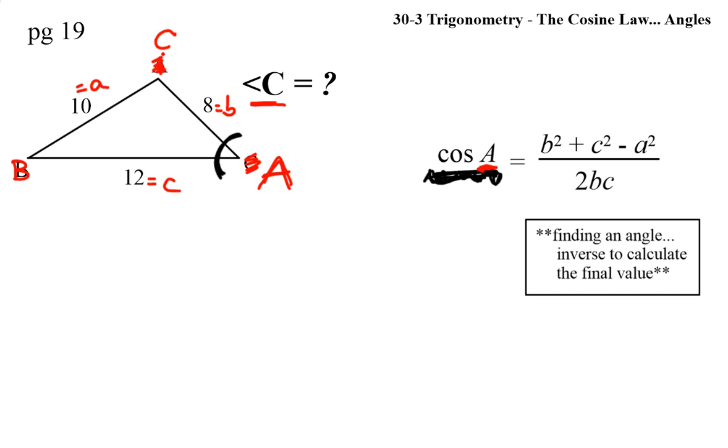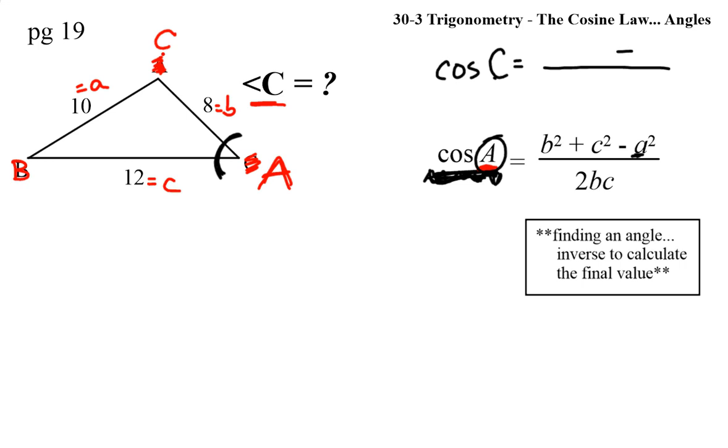Now, just very quickly, some of you may have said, I know we're finding angle C, what does that mean in my formula? Well, if we're trying to find for A, we subtract A squared.